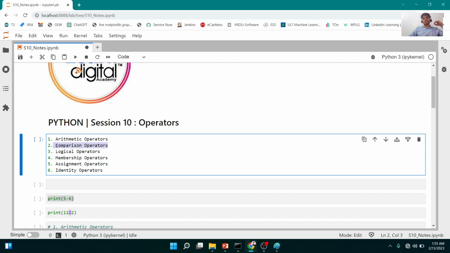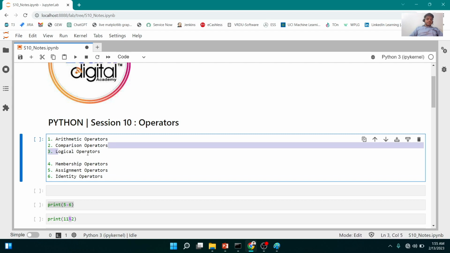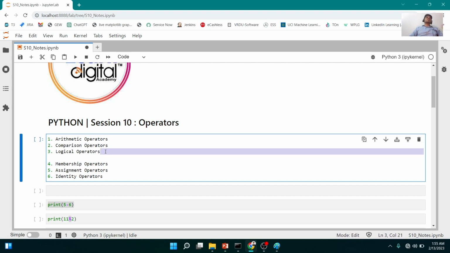The comparison operators, the less than, the greater than or equal to, not equal to, is it equal to, all such symbols are going to help you to compare the data. And logical operators basically help you connect multiple conditions, and together you can take the decisions.